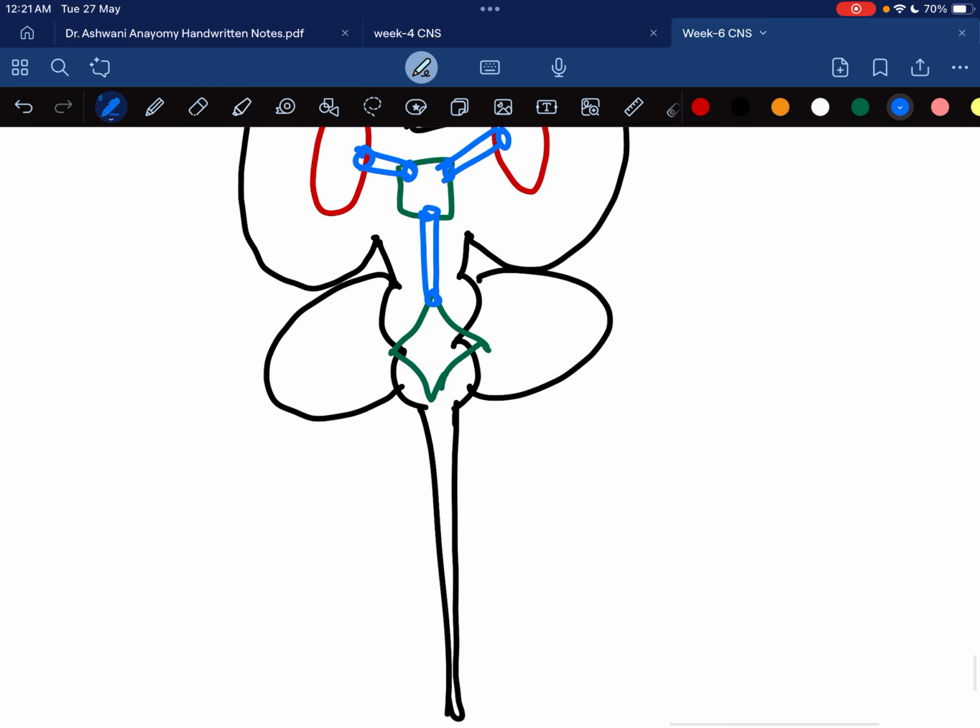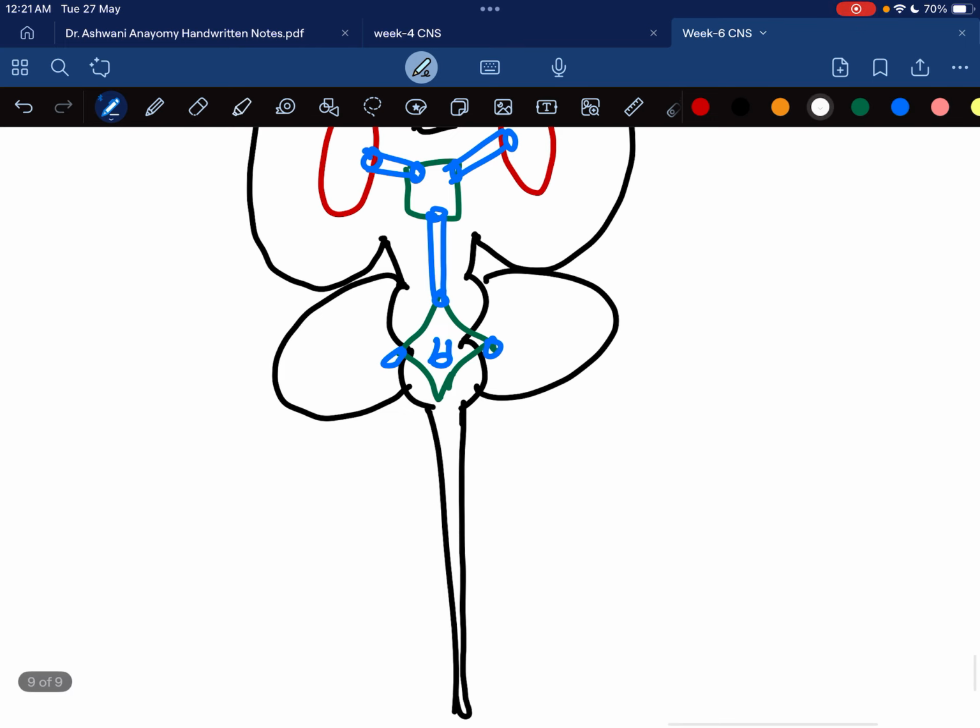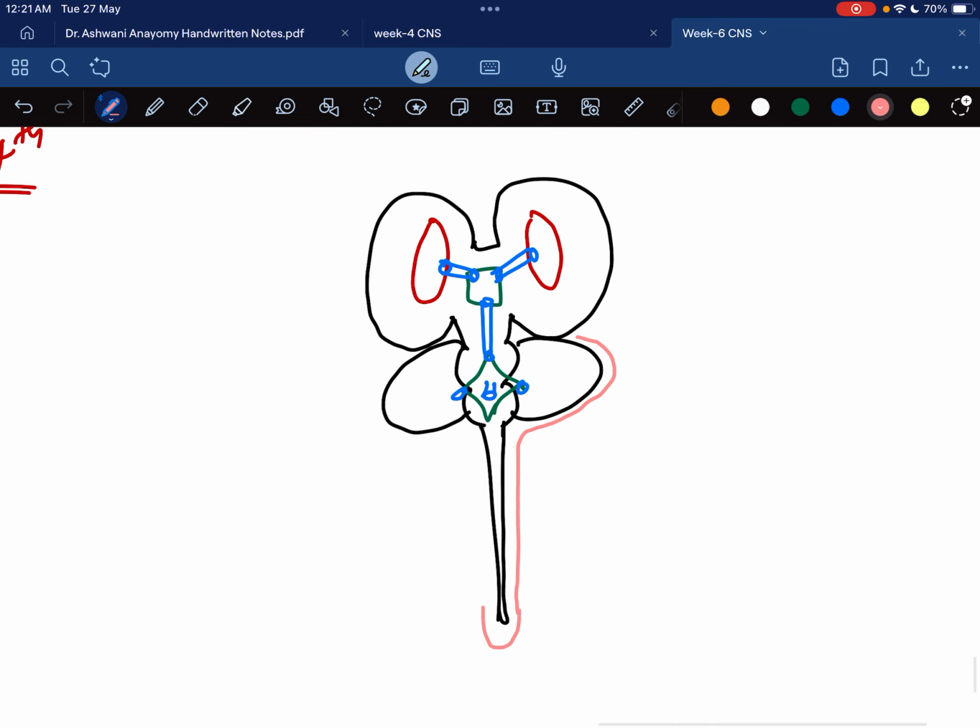From the fourth ventricle there are two openings on the lateral side and one opening on the medial side, which communicate with the arachnoid. I am not going to draw the arachnoid. The pia mater is attached to the central nervous system, the brain.